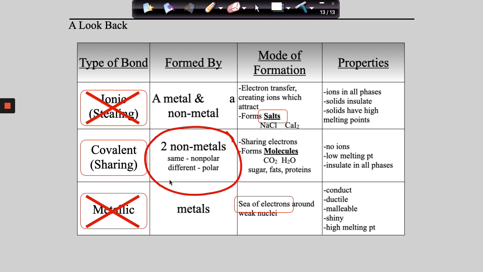We remember that nonmetals are on the right-hand side of the periodic table, which makes them small and therefore strong. And when these nonmetals get together, they wrestle over these electrons. As they wrestle over these electrons, neither one wins, so they share. And that forms what we call molecules.